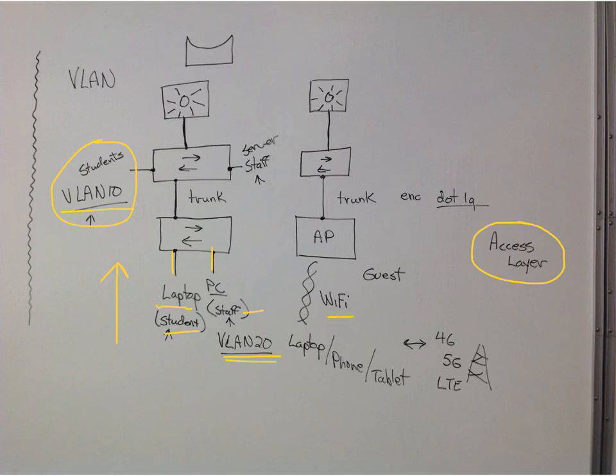You can even do it with Wi-Fi. You can have somebody based on the SSID connect to an access point, and they can be put on, let's say, a guest VLAN. VLAN information then is moved between trunks.